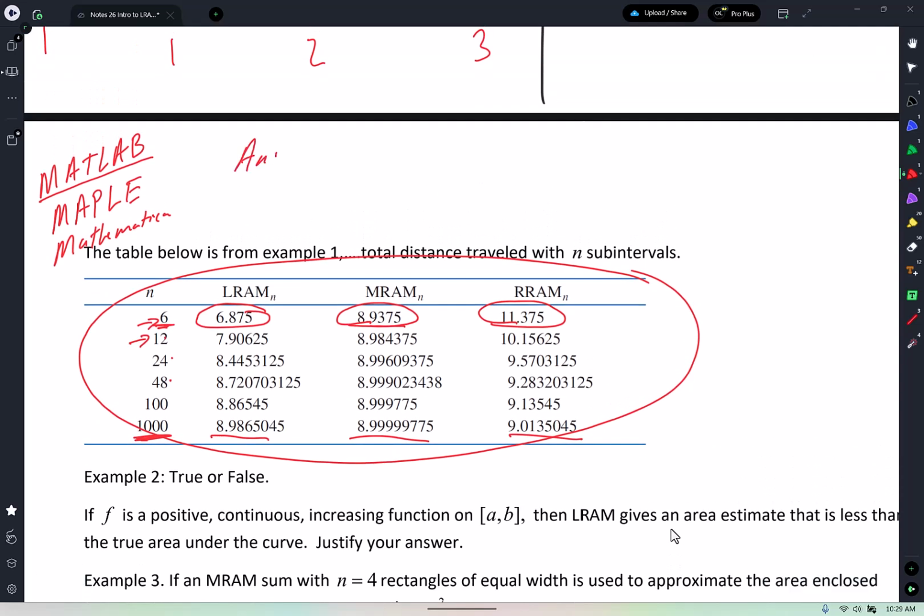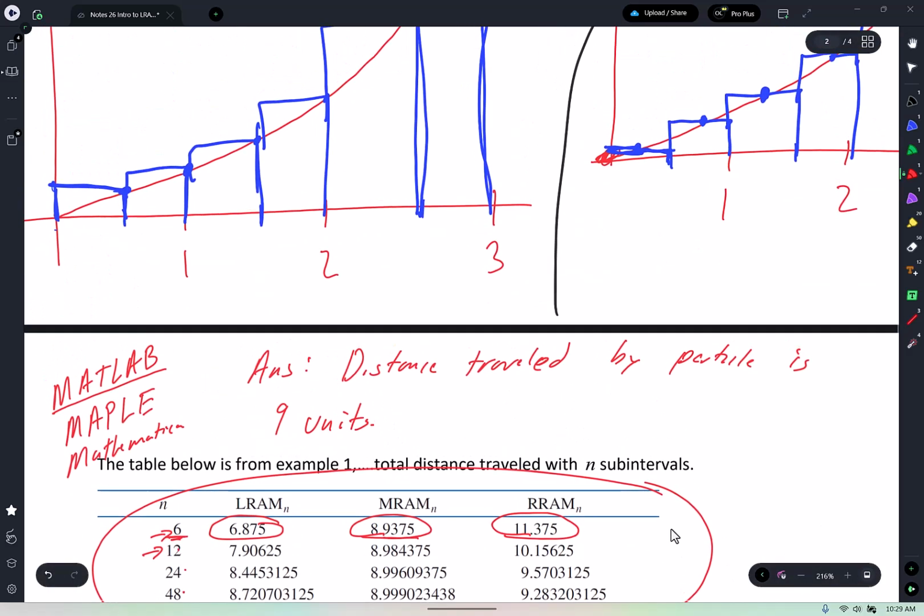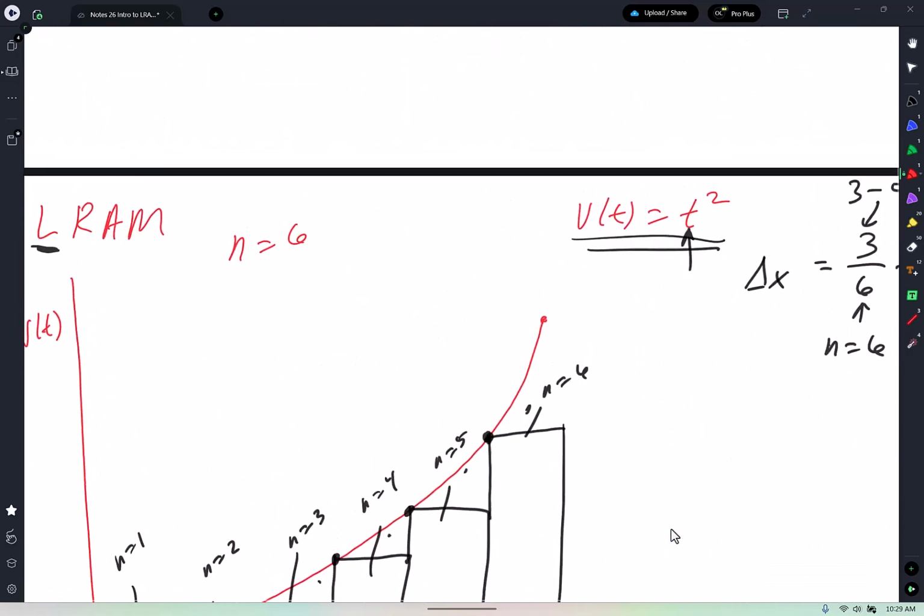Here's my answer. Distance traveled by the particle is 9 units. All right, that's part 1. And then what else did they want? They wanted, I think, the position, right?